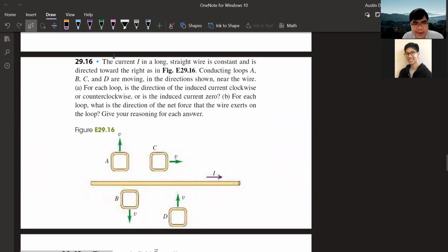Meron tayong current I. Tapos, constant yung current. And then we have 4 conducting loops, A, B, C, and D, which are moving near the wire.